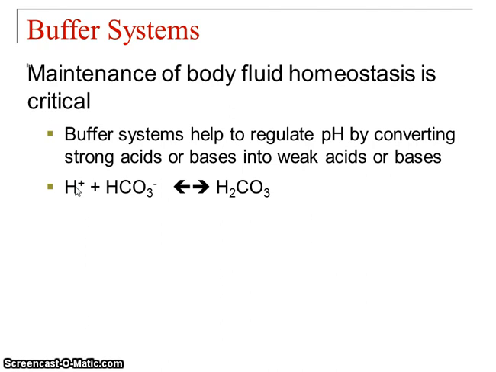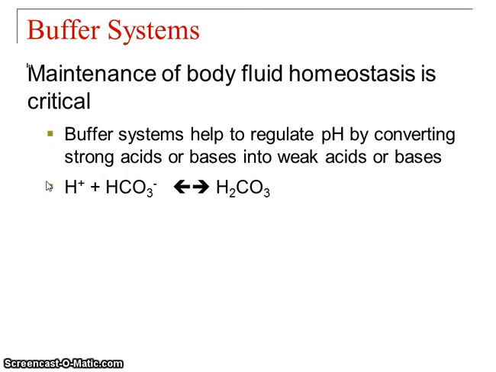But if you have a buffer, the buffer picks up that hydrogen ion and pulls it out of the solution, so it doesn't change the pH at all. And if a base is added, if a lot of OH- is added, it drops off the hydrogen, so that can go back with the OH- and make more water. So this is a very quick, short-term fix.